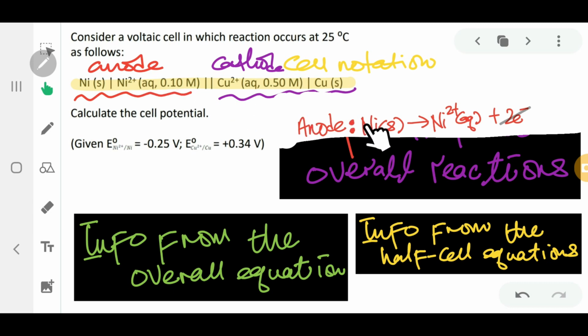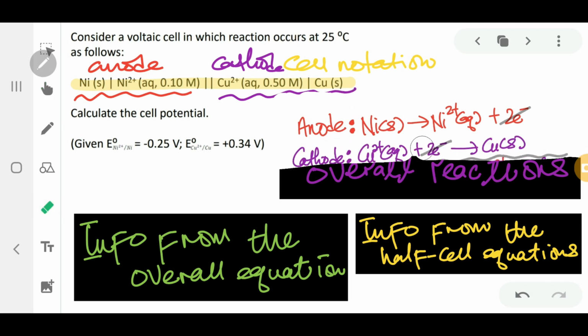When you look at the cathode part, you can see that the Cu2+ aqueous will be receiving 2 moles of electrons to become copper solid. And that is exactly what is going on in here. You have a reduction process. So you have the Cu2+ to be reduced to Cu solid, because the Cu2+ aqueous will be receiving 2 moles of electrons.